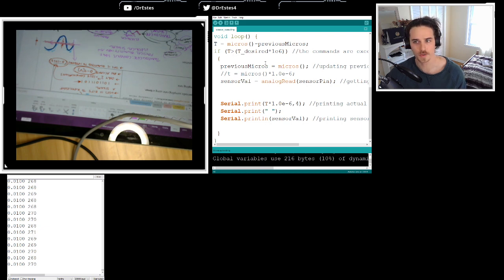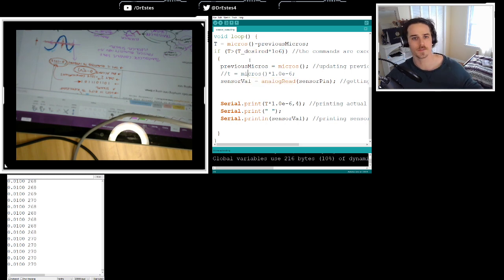Okay, so what I do is, I have this desired sampling period, which I called T desired. I have this if statement in the code, and I say if the time that has passed from the last sample is bigger than the time that I want between samples, only then do I grab another sample.